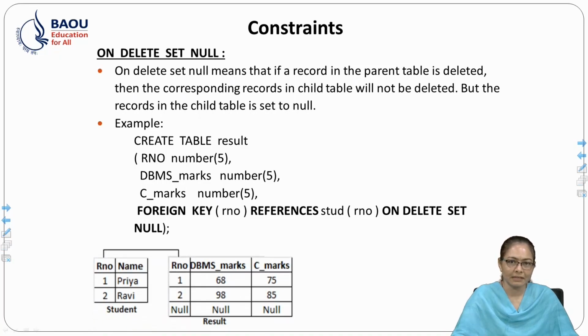See in the figure, if we delete the record 3 from the student table, then result table record 3 contains the null value automatically. See, the third record is deleted. Here all the values are null. So on delete set null is used when we remove the records from the student table or a parent table, then automatically those records will be set to null value.